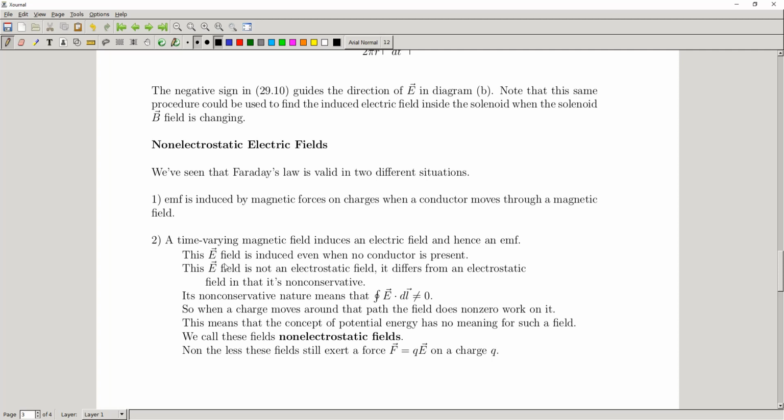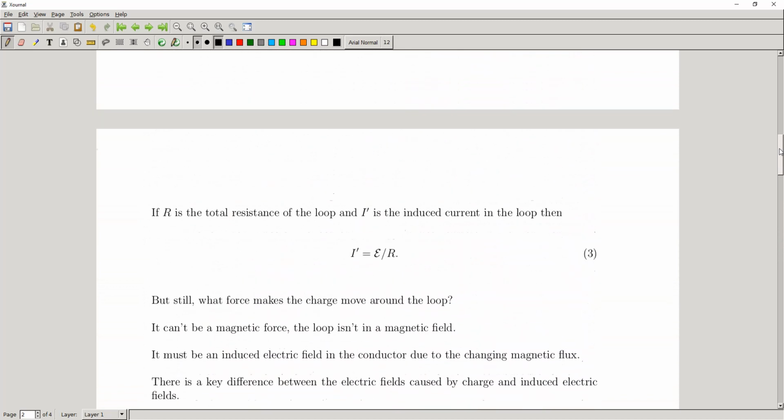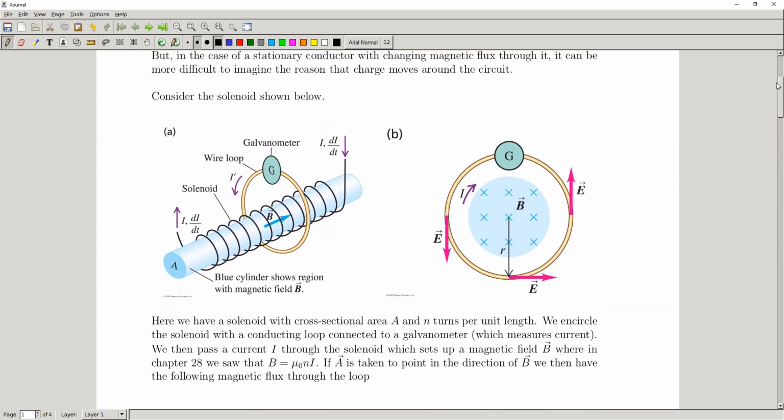So this electric field is induced even when no conductor is present. It may be surprising, or it may not be. It probably shouldn't be overly surprising, because why should it be that our placing some conductor in this area magically causes an electric field to be induced? The wire doesn't need to be there. There's always going to be the electric field there, whether we have the wire loop around our changing magnetic field or not.